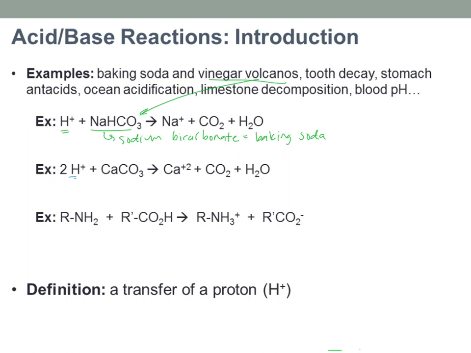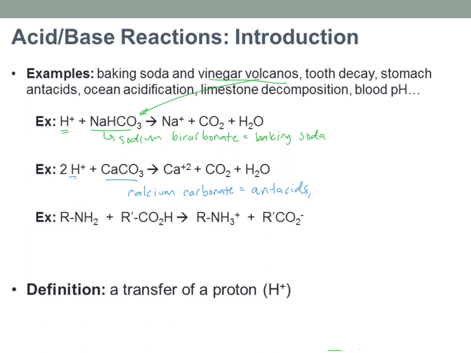So that's in this example down here. So here's calcium carbonate. Let me write this out a little bit better. Calcium carbonate is what you find in antacids. It's one of the main things. It's not the only thing, but it's one of the big ones.